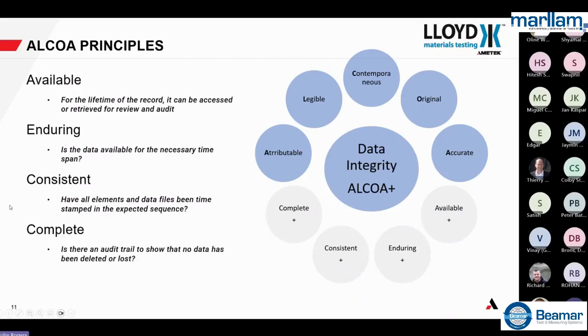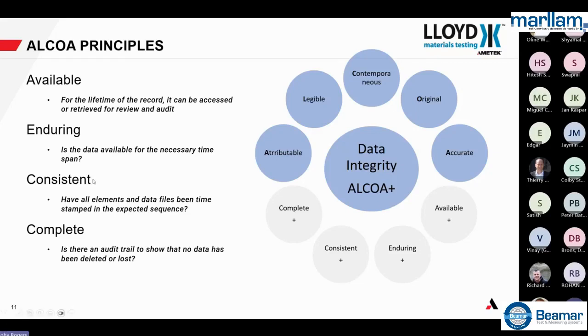There are some further important principles available. Is the data available for the lifetime of the record? So it could be 10 years, could be 15 years. So we'll work with the IT team on, for instance, archiving and backup. Enduring: is it available for that particular amount of time that's needed in that application?